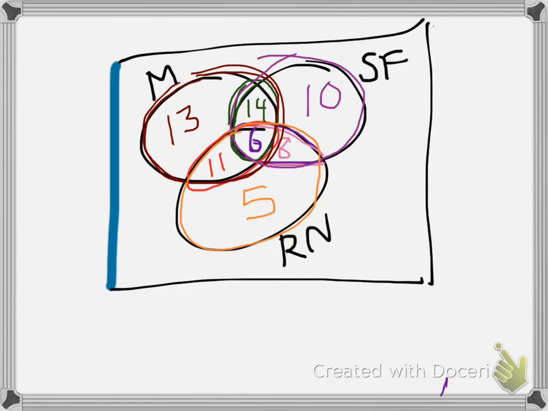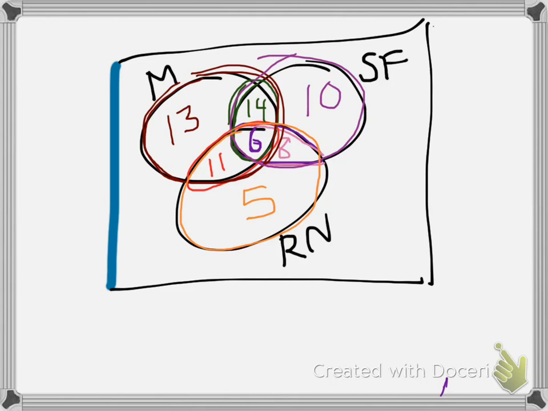Then we look at how many total. Total there were 72, but if we add all these regions: 13 plus 11 is 24, 24 plus 6 is 30, plus 14 is 44, plus 10 is 54, plus 8 is 62, plus 5 is 67.